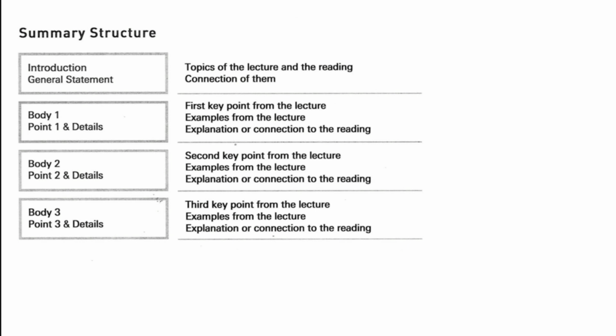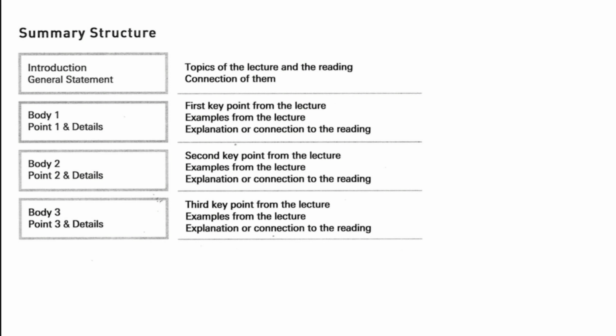Let's summarize the structure. So first, you need your introduction, where you write a general statement, so topics of the lecture and the reading and connection of them. Then you need to have your first body paragraph, where you write the first point and then details. So basically, it's first key point from the lecture, examples from the lecture, and explanation or connection to the reading.